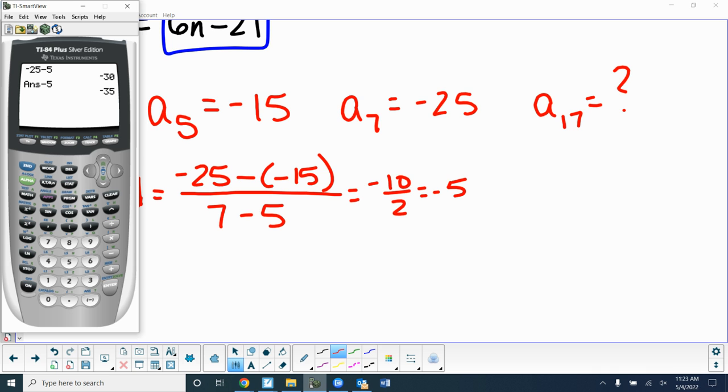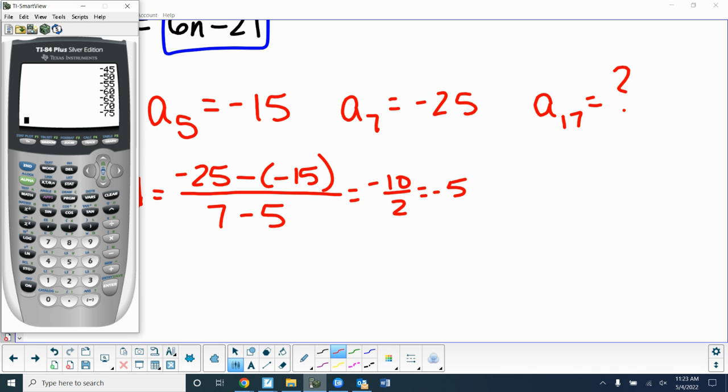So that was twice, right? And how many times do I have to do that to get from 7 to 17? 10. So that was twice. 3, 4, 5, 6, 7, 8, 9, 10. You have to do it a couple times and then hit enter and it'll do it. The answer is negative 75.